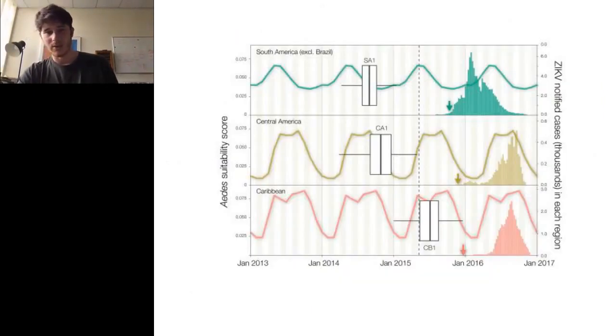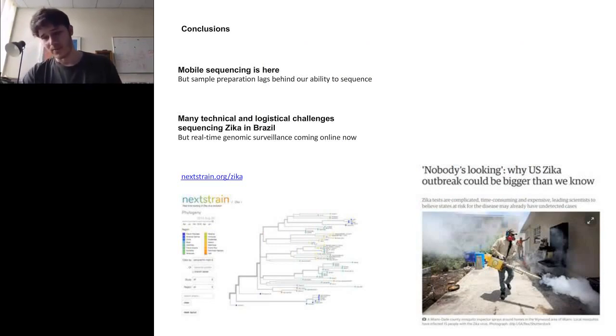And if you use some advanced modeling methods, they were able to calculate the likely introduction dates for these different regions, South America, Central America, and Caribbean, as shown on these plots here. And this tells you that Zika had been circulating unknown, or cryptically, as they call it, for a very long time before the national health authorities realised what a big problem they had.